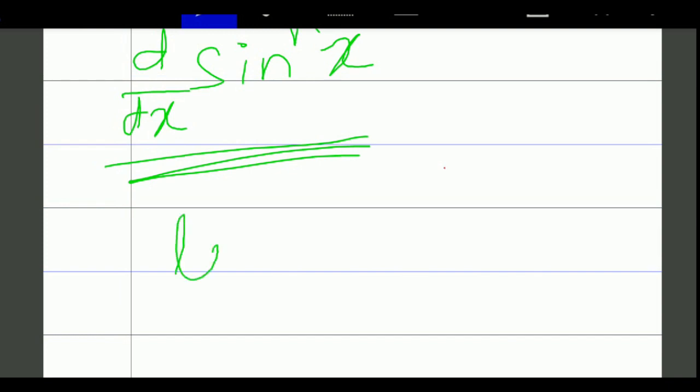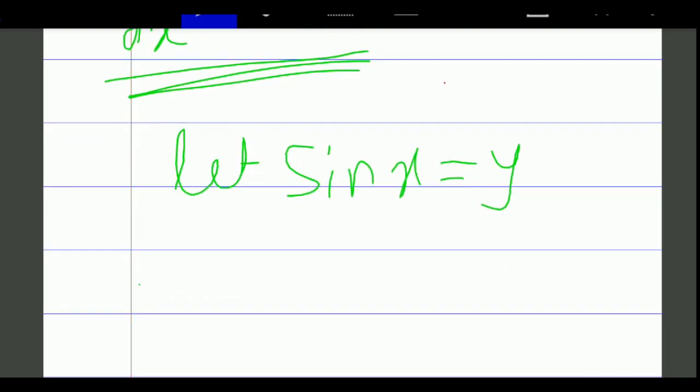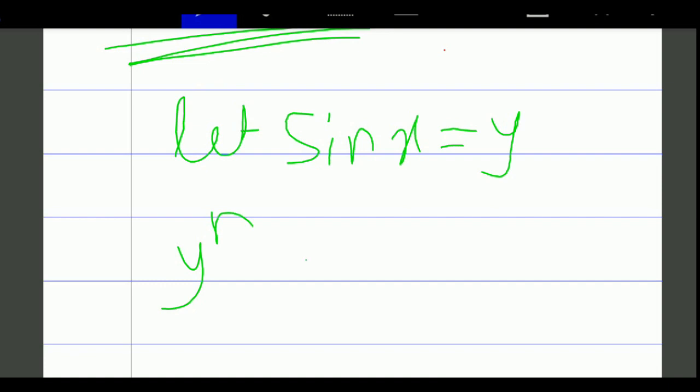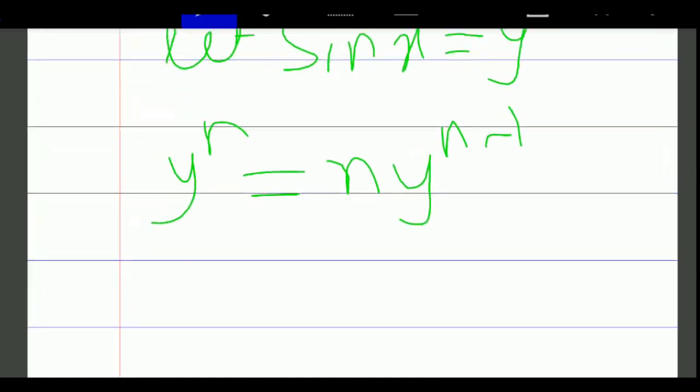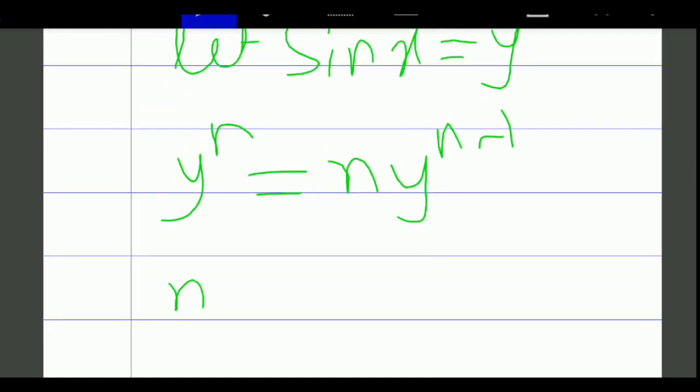Now let sin x equal to y, so differentiation of y raised to n is n y raised to n minus 1. Now replacing this becomes n sin^(n-1) x multiplied by the differentiation of sin x, that is cos x.